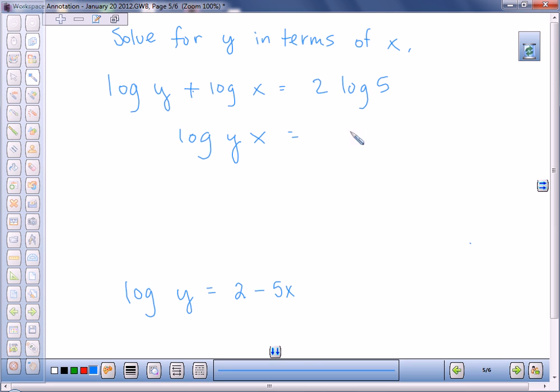Log of 25, because it's 5 squared. Now I have log, same base, and these two things are equal. So what can I do with the yx and the 25? They have to equal each other: yx has to equal 25. So what would we do to solve for y? Divide by x.